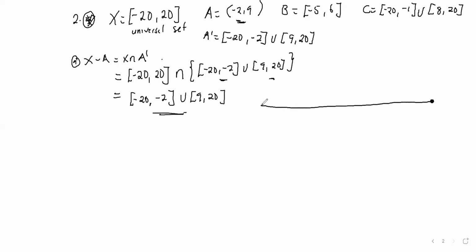First, I have the universal closed at 20, also opening at -20. So now this is from -20 all the way up to -2.